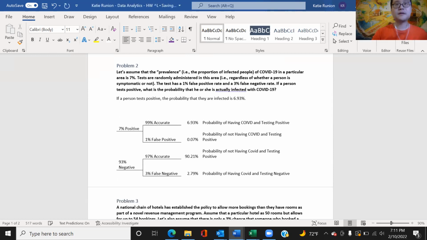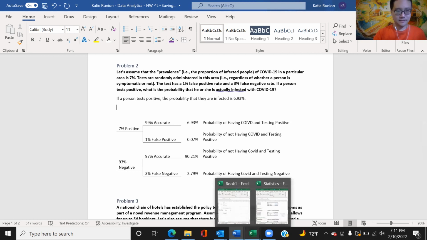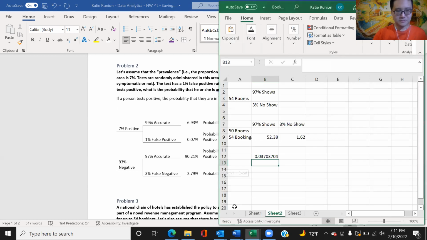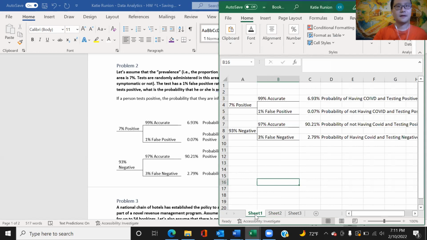I guess it's because of the rounding you have. I have a different set of probabilities, but let me just make sure. I think you calculated reversely. Okay.